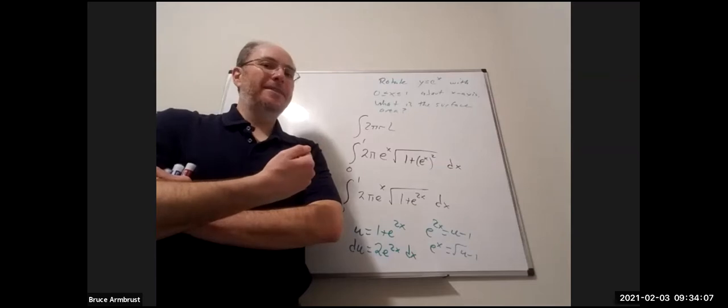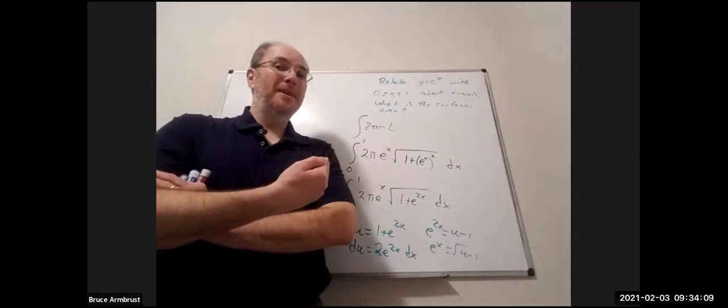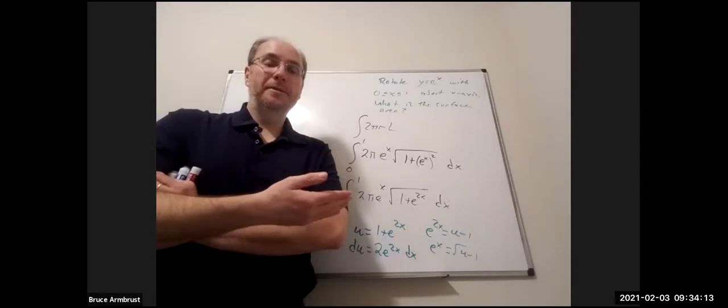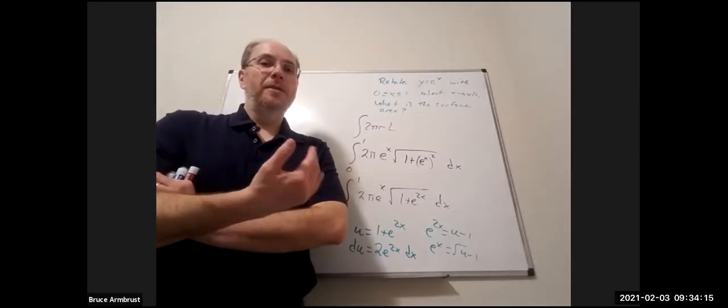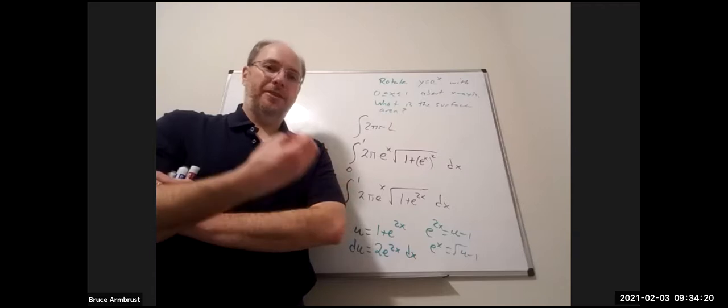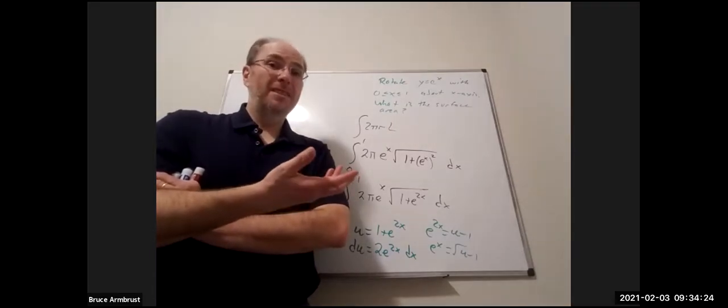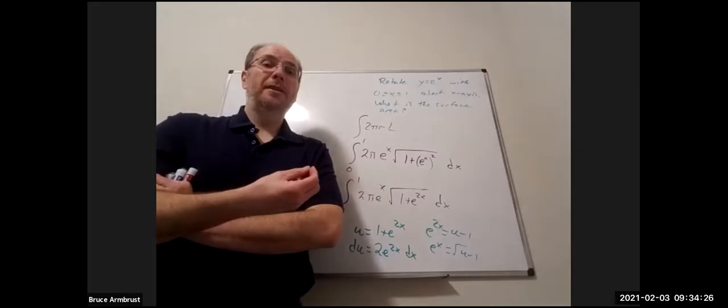Because if you get a number that's unreasonable, that means you probably made a mistake in telling it what to do. So that's really the caveat with the technology: once it gives you an answer, think about that answer and go, does that make sense? Is it reasonable for the situation?